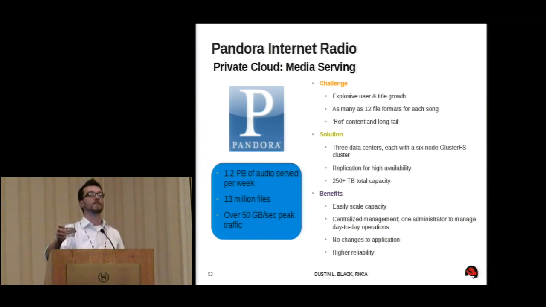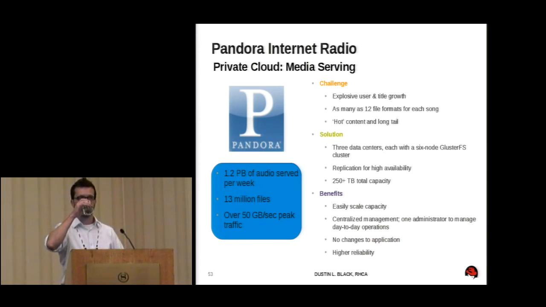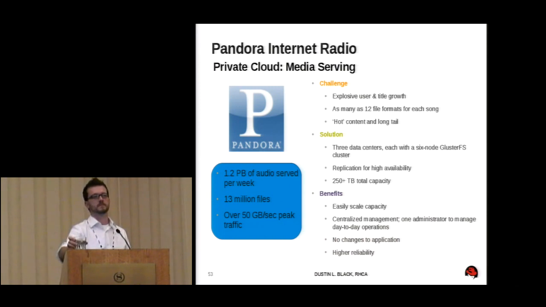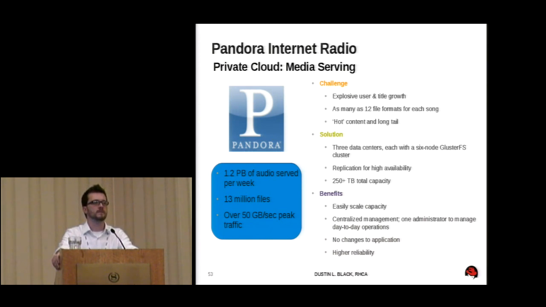Yes? Is there a way to have Gluster routes, particularly for something like Pandora, where obviously the replication is limited to geographic replication, but how could they pick up the benefit of geographic storage, more of a CDN type of approach, where if they're using geographic replication, they also get the benefit of being essentially closer to their users, rather than having to go back through whatever domain the person initially contacted?